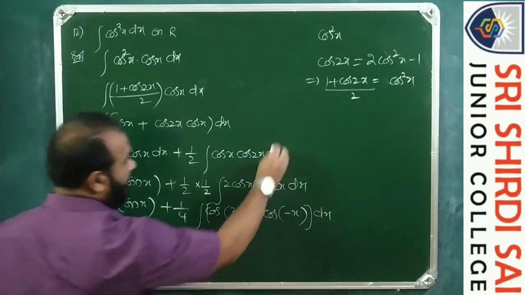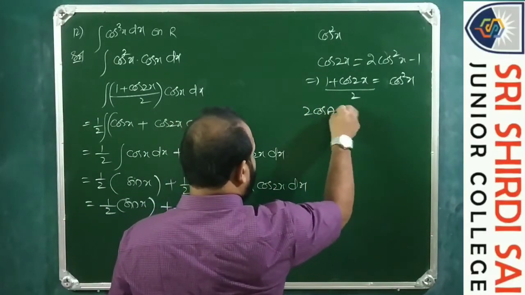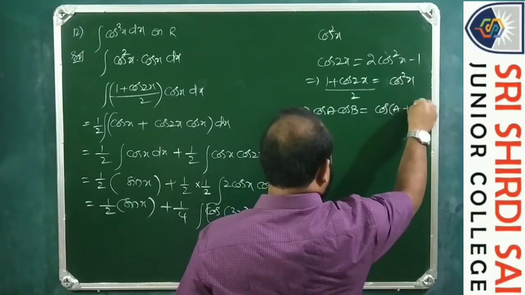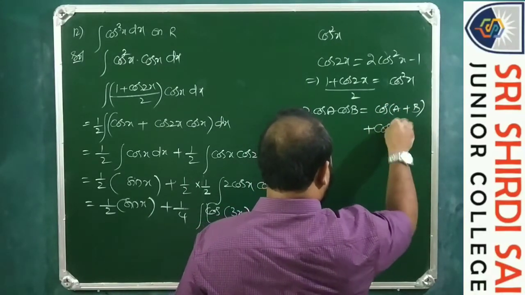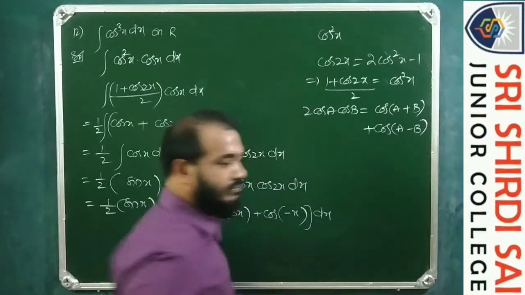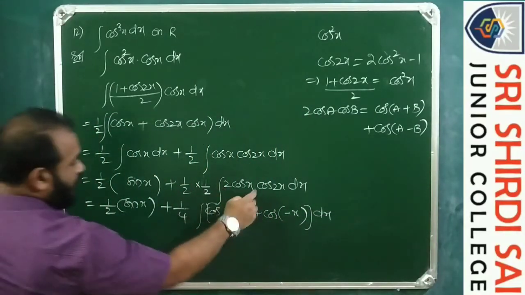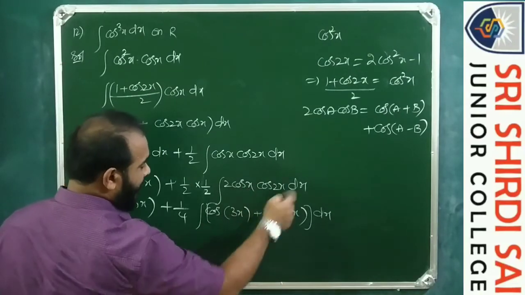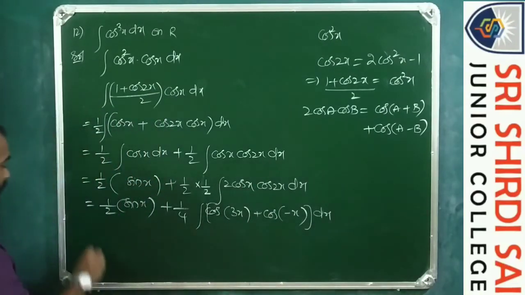Here this is a, this is b: x plus 2x is 3x, x minus 2x is minus x.